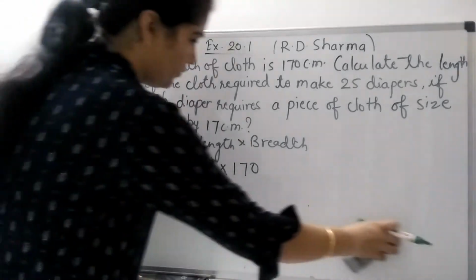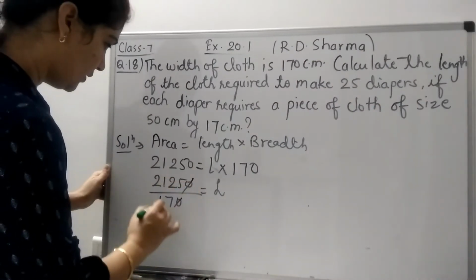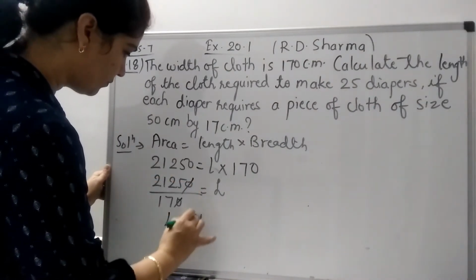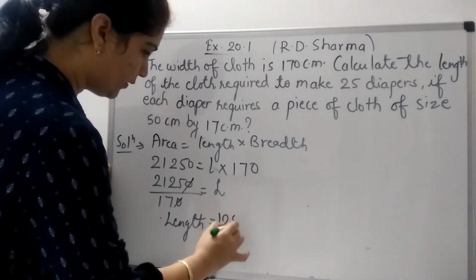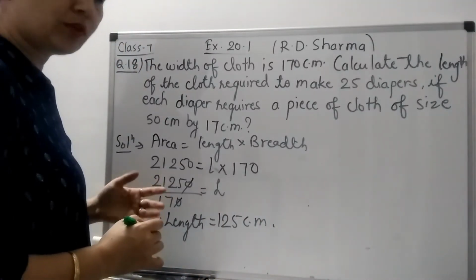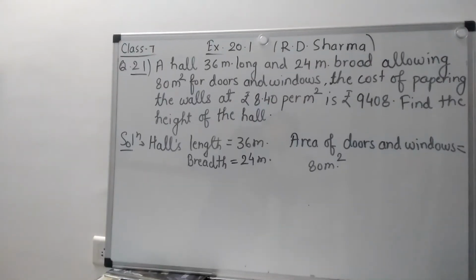Okay. So when you divide, you will get 125 centimeter. I hope this is clear, guys. It was very easy. So now we will see the next question.